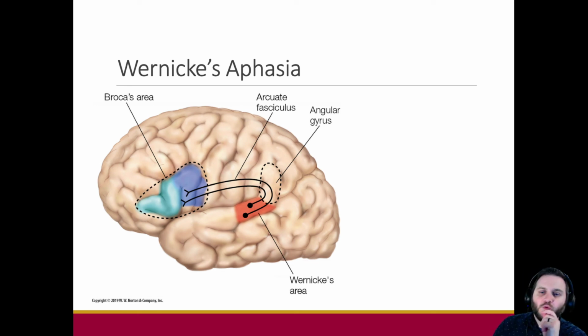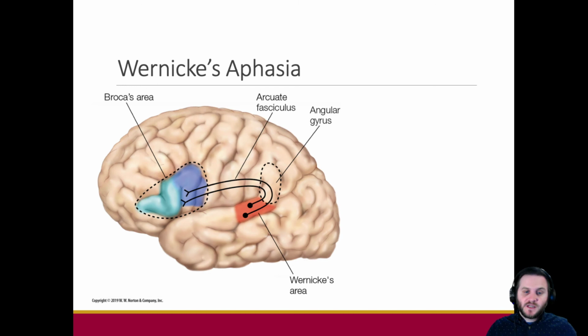Wernicke's area has to do with speech comprehension. Okay? Speech comprehension. White matter as well as gray matter, but mostly white matter. And that white matter is specifically needed for speech comprehension. Because life comes at you fast.